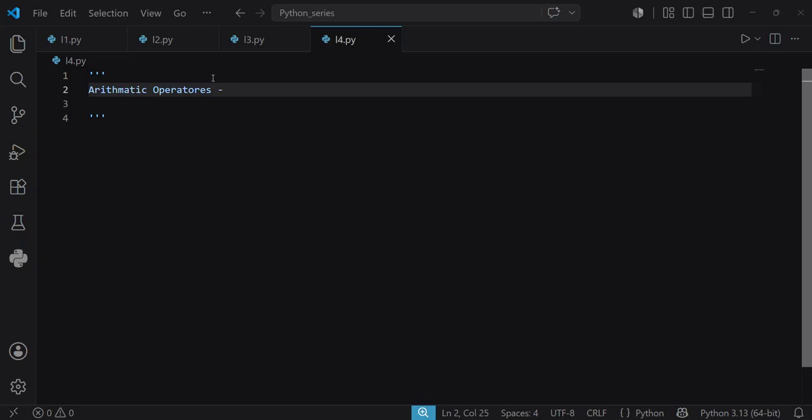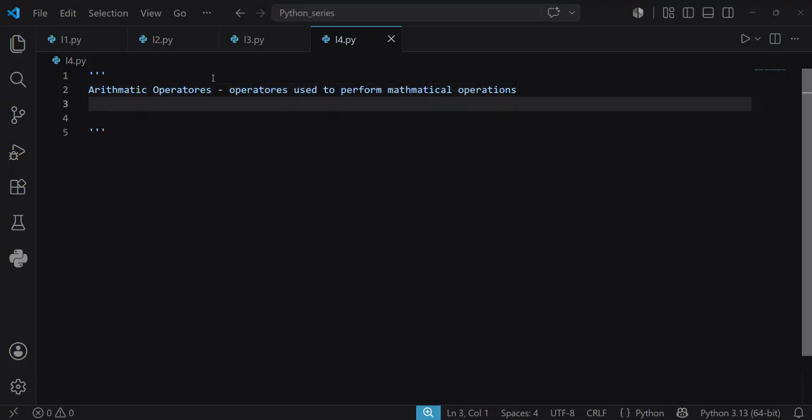You can know from the name only that these operators are used to perform mathematical operations.